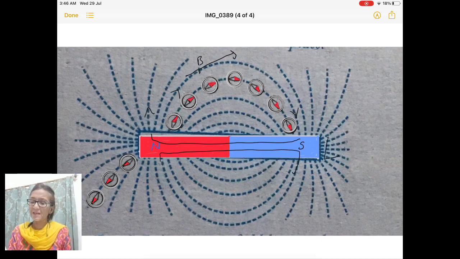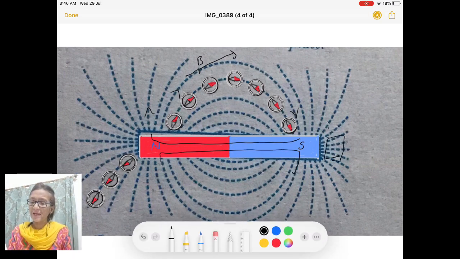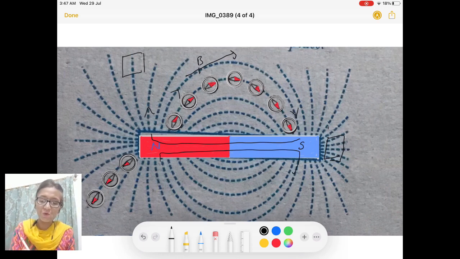Here you can see that in a unit area the number of field lines is more, and if you take a unit area at this other place, you can find the number of field lines is less. So this relative density suggests that the field is stronger near the pole, and the field is weaker at far places.